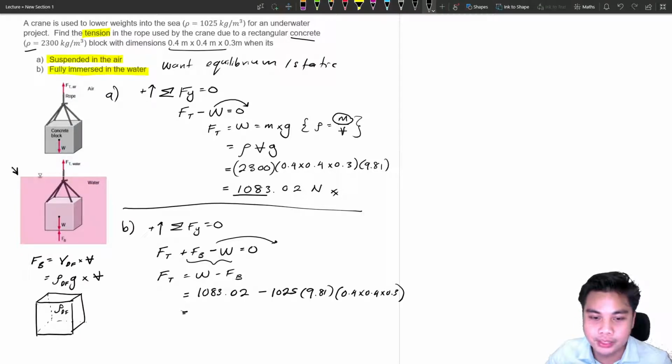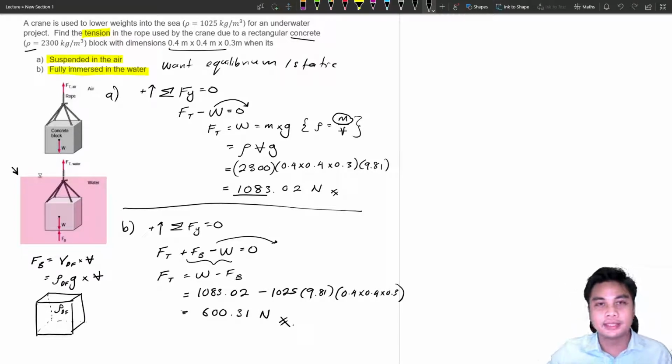Then you will get your final answer to be 600.31 Newton. That is the final answer for the two different cases.